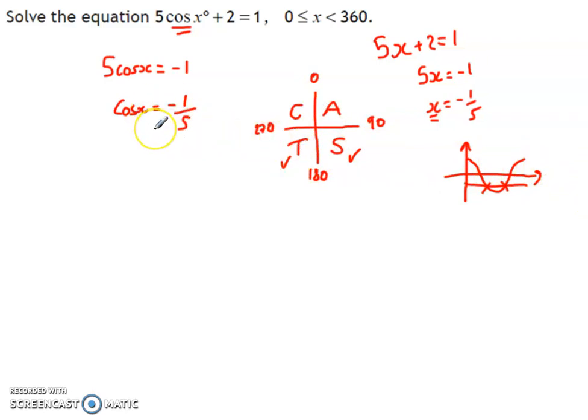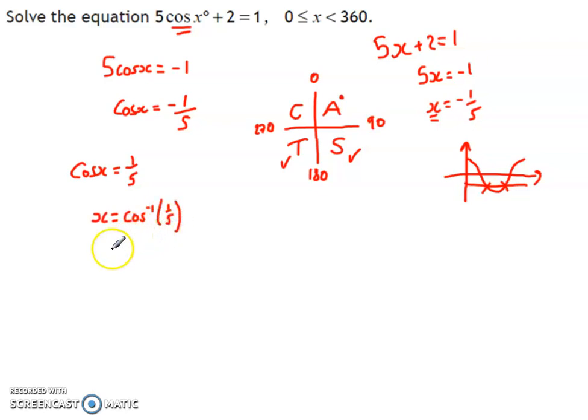What we do at this point is a standard set of steps. We ignore the negative and solve it for x. That will always give us a solution in this quadrant of the CAST diagram here, and we can then use it to get the two answers. So if I then say, I'm going to ignore the negative and go for cos x is equal to a fifth, I can solve it by saying x equals inverse cos, so cos minus 1 of a fifth.